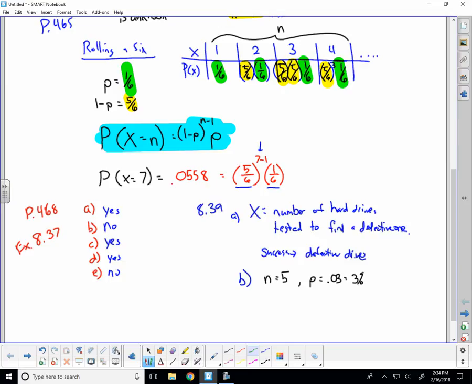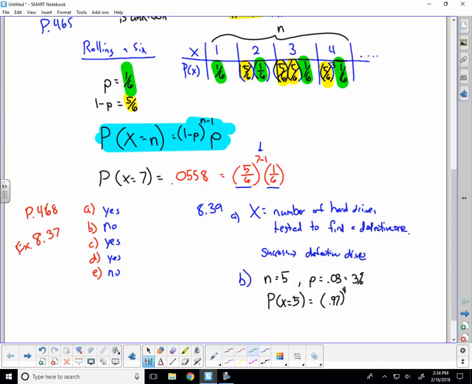Good. So we'll go ahead and use that formula, the probability that X is going to be 5 is going to equal 1 minus p. So what's that? 97, or 97% chance that they're going to be good for the first four. And so we're going to do 5 minus 1, right? So notice the first four, there's a 97% chance that those first four are going to be good.